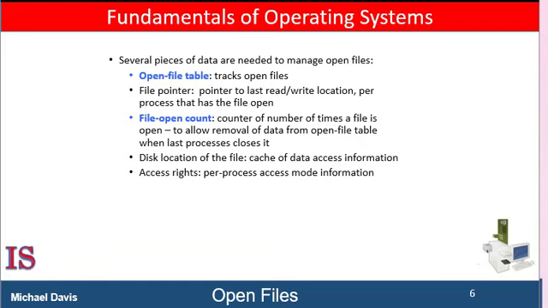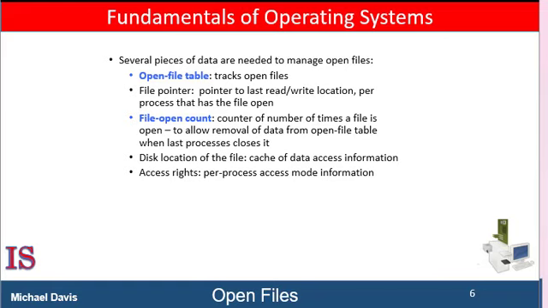Each close decreases this open count, and when the open count reaches 0, the file is no longer in use and the file's entry is removed from the open file table. So, in summary, several pieces of information are associated with an open file. There's the file pointer.